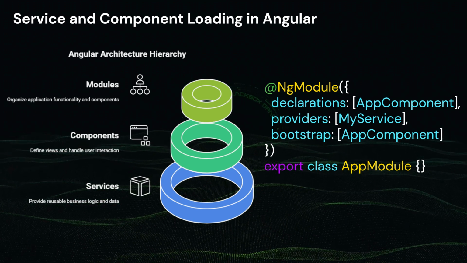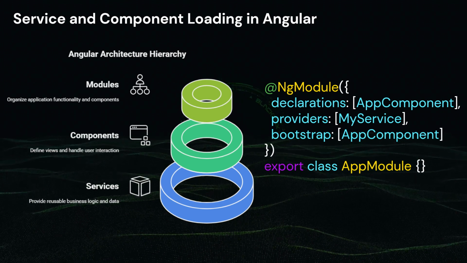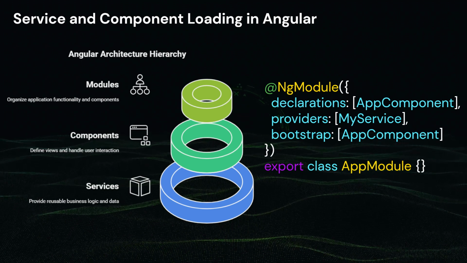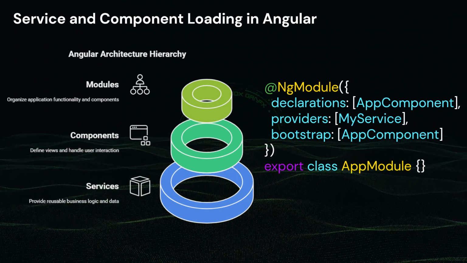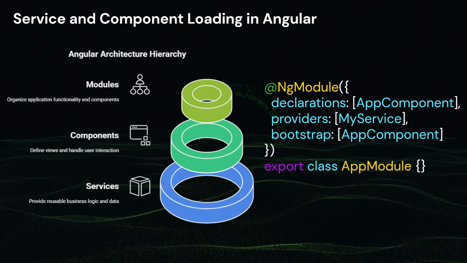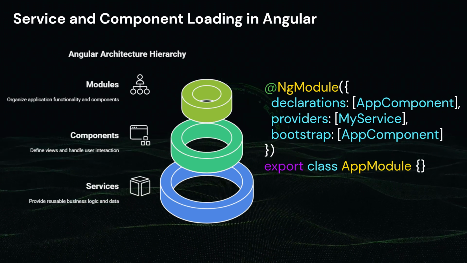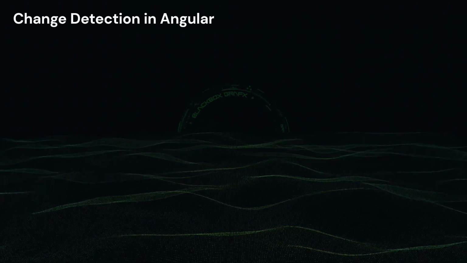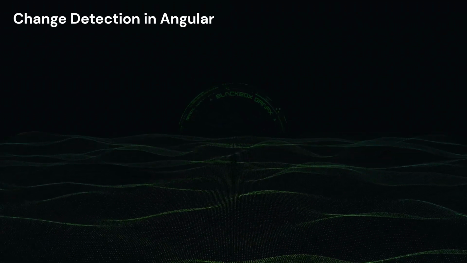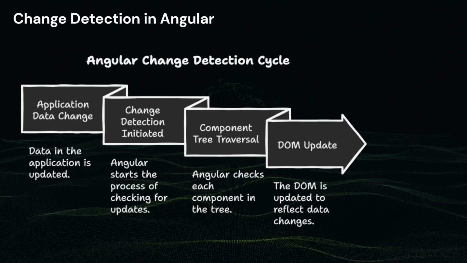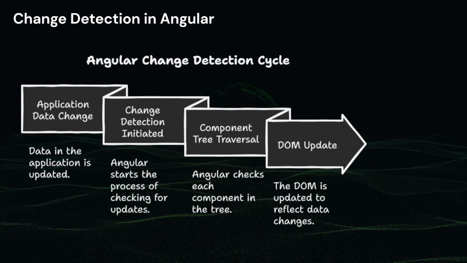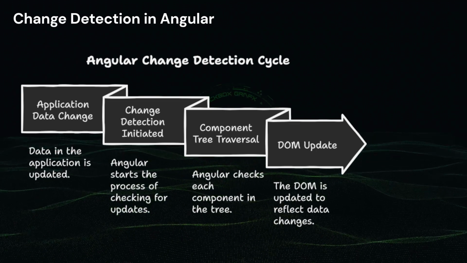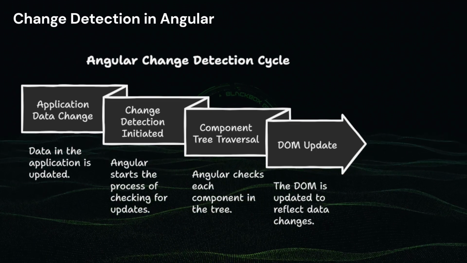Now, how does Angular's change detection strategy like OnPush and the Zone.js library interact with these modules and services? Let's find out. Our third topic is change detection in Angular. Change detection is the process of tracking updates to the DOM whenever data in your application changes.